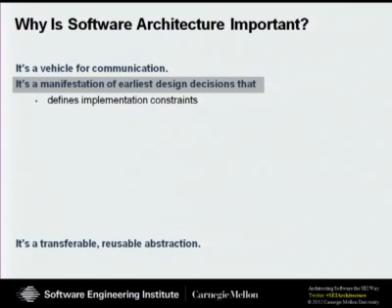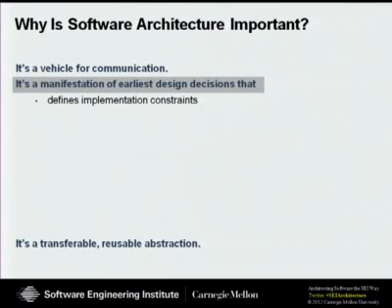Then I turn the architecture over to the implementers. If the implementers follow my design decisions, there is some hope that the system that they're building will achieve the properties that it needs to have. If they do not follow the design decisions in my architecture, then all bets are off. I have no idea what properties will result from the system that they're building.